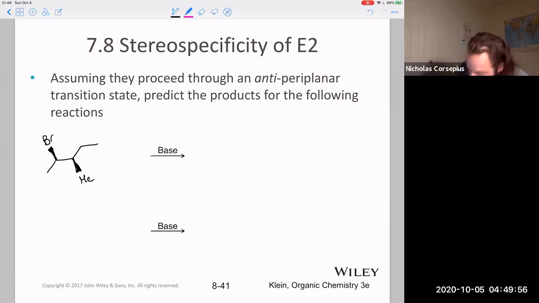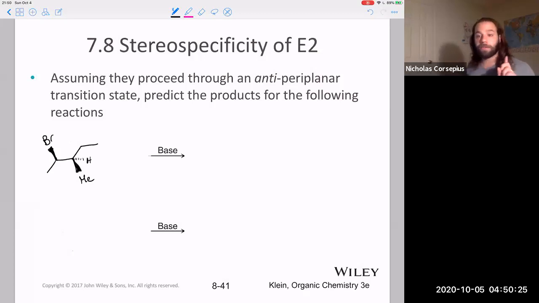Again, this beta carbon only has one hydrogen. So I have to be careful because from elimination of this hydrogen, I'm only going to get one product. In this case, it's kind of the best case scenario because the hydrogen's pointed into the page.